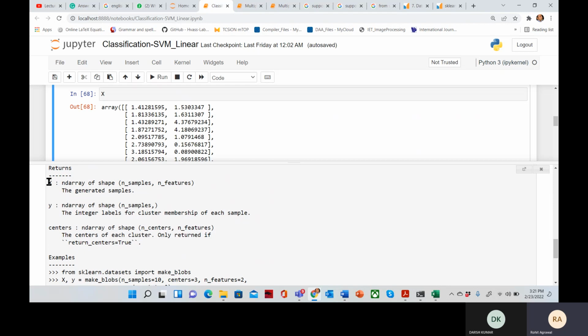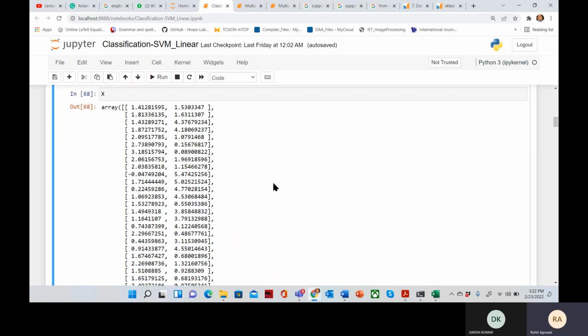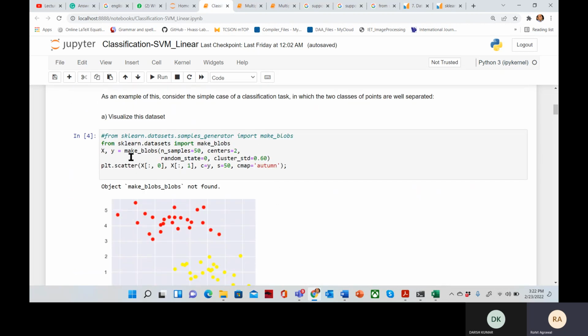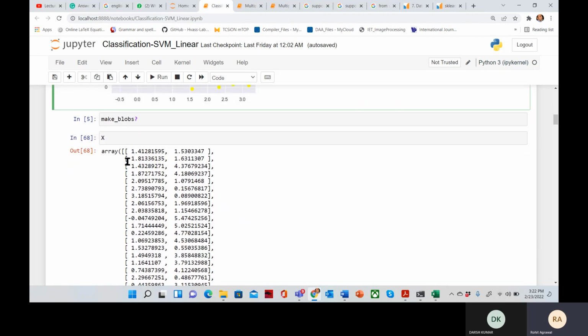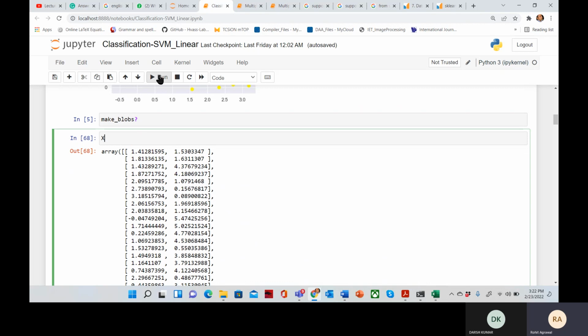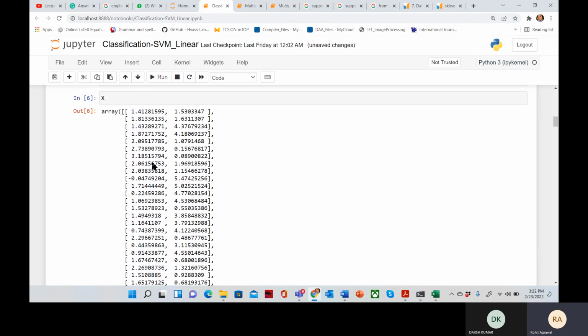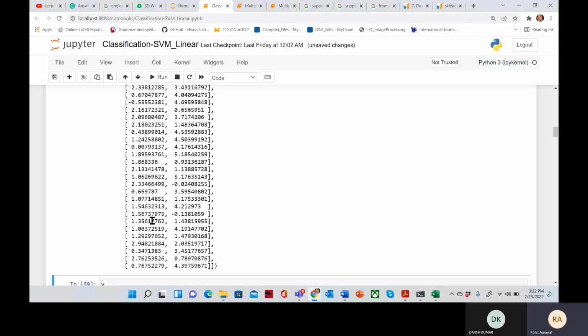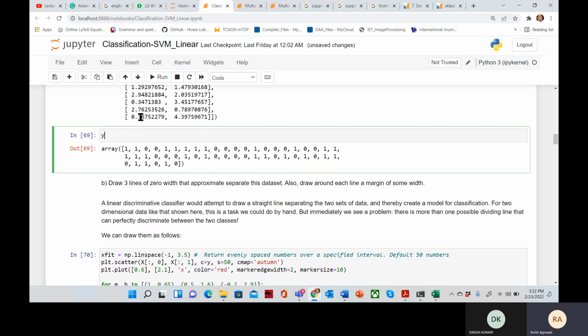It will return x values and y values. What are the x and y values? Just like in our previous example, x means your training data features and y is the price in the house price data. So here, y are the classes and x are the samples. If you plot this, these are the 50 entries, and these are the y values.